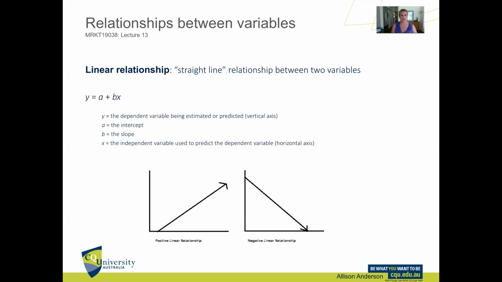So you can see in the example on the left-hand side, the slope is positive, the gradient is positive, and in the negative linear relationship, the gradient is negative. And there's another calculation to calculate that, but we're not really going there. I'm just making you aware of this. x is the independent variable used to predict the dependent variable, which is on the horizontal axis.